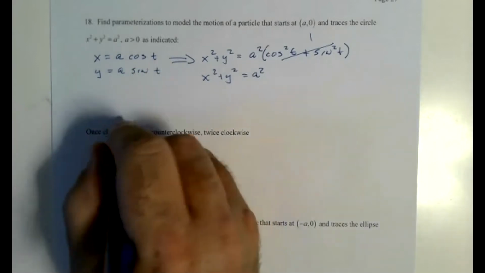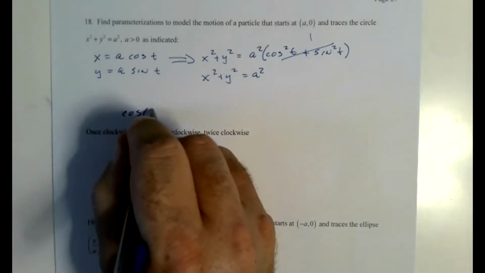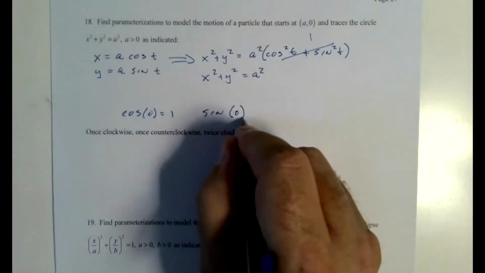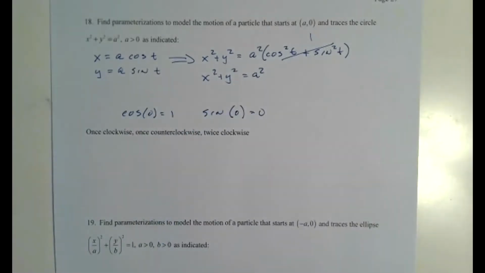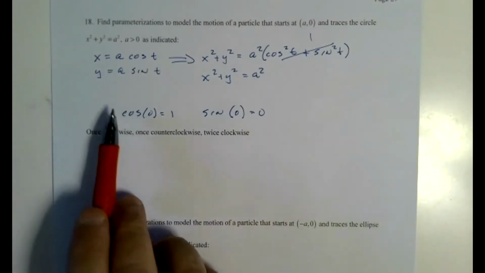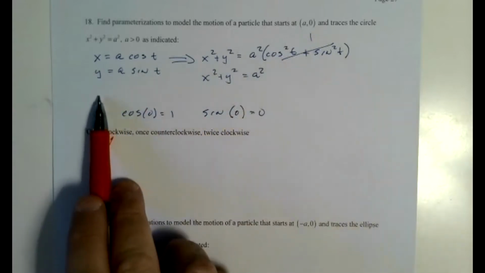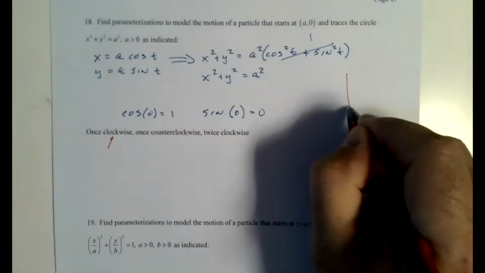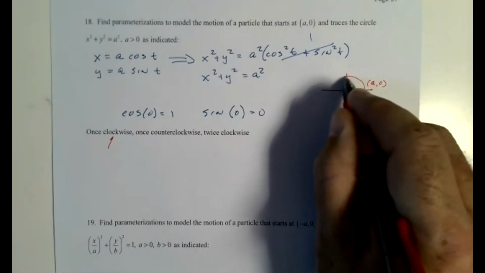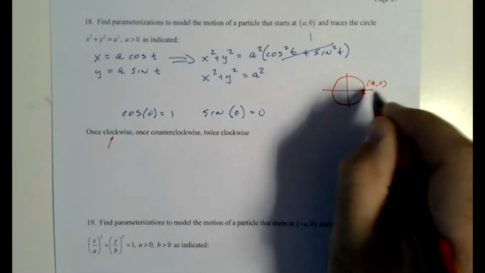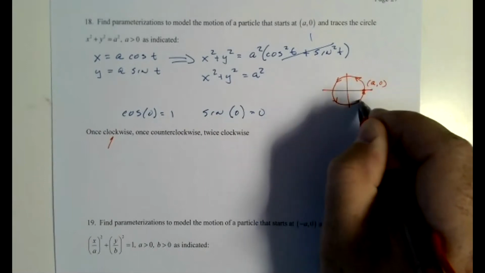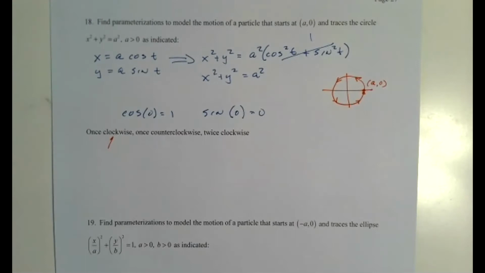All right, so I like to say that cosine of 0 equals 1 and sine of 0 equals 0, just as a reminder. All right, so one's clockwise. Clockwise, start at (a, 0).